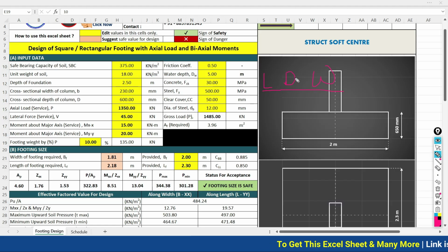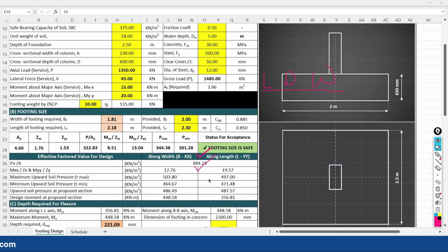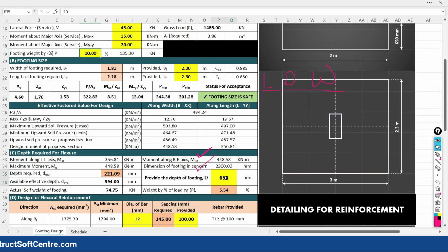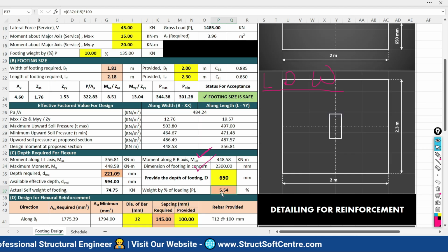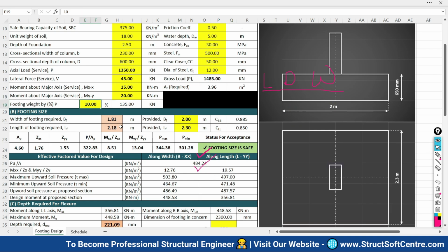If you have these three things, then only you can calculate the actual self weight of the footing. Once you have decided the width, the length, and the depth as well, then you can calculate the self weight of the footing. So the self weight of the footing is 74.75 and by percentage it is 5.54 only, but we have considered 10%, so we can take it as safe.